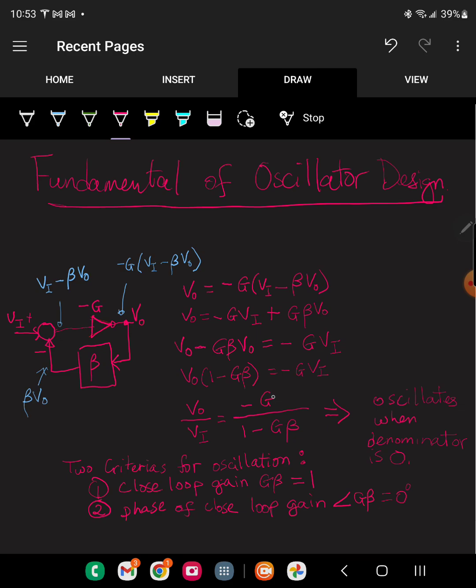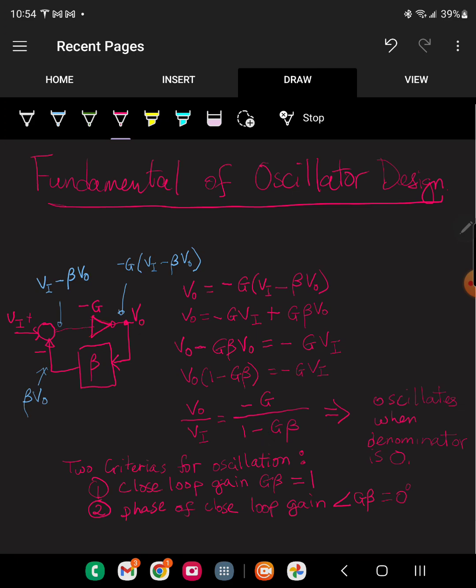Anything divided by 0 will give you infinity. So basically you feed it nothing and the output just amplifies to infinity. That's what happens when there's an oscillation: the denominator is equal to 0.